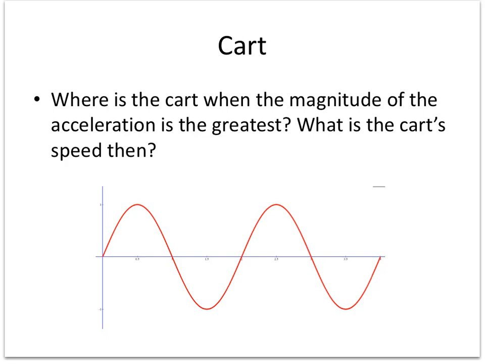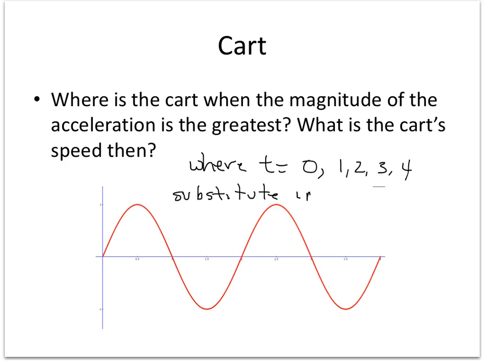So this would be where my time equals 0, 1, 2, 3, 4. In other words, because I'm substituting this into my position function. And so if I look at these times, let's just look at 1, and let's look at 2. What are those points? Yeah, exactly.